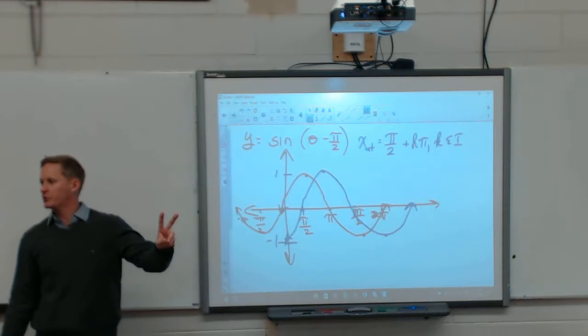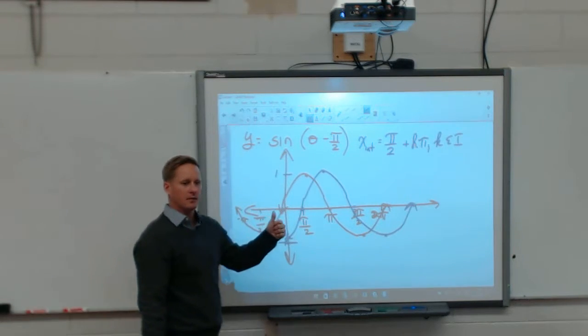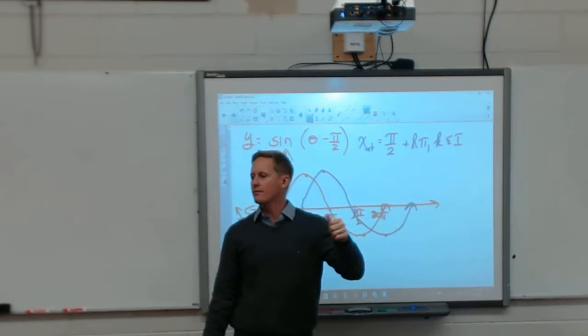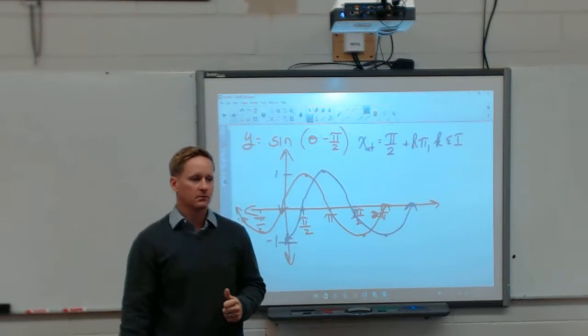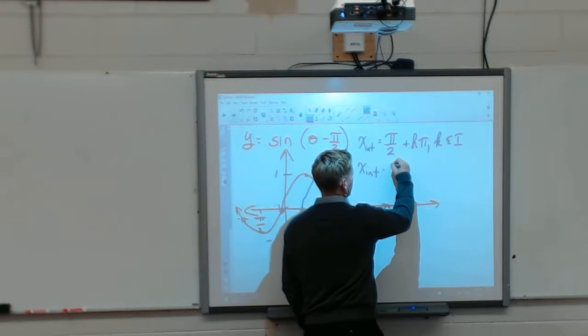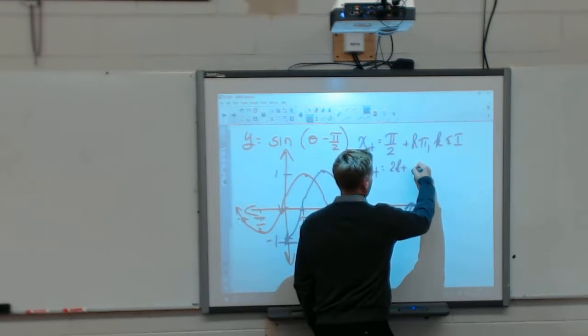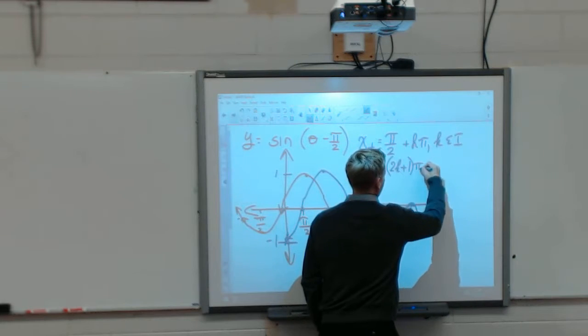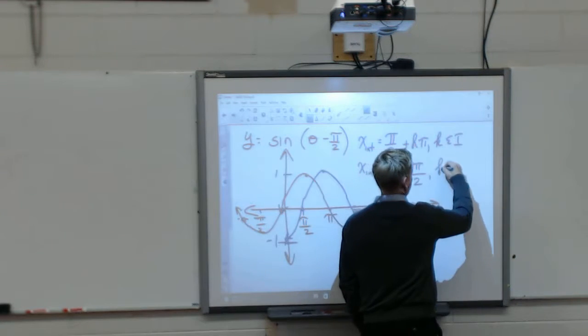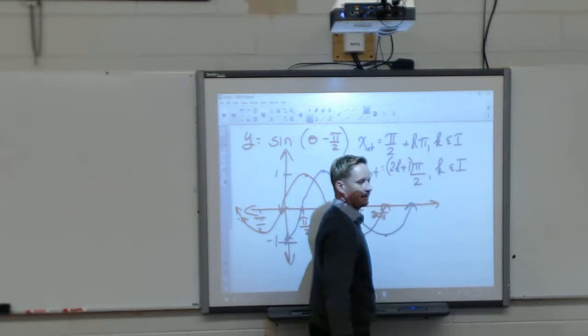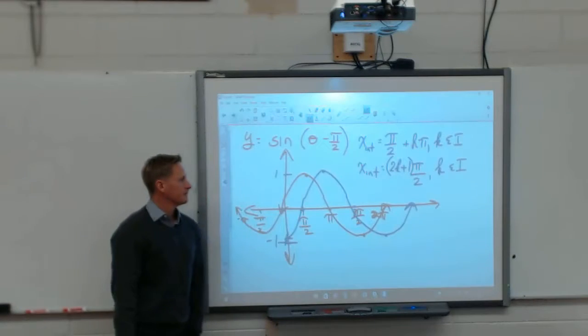That was the second method I showed you. What was the first method? How did I show every odd value of pi over 2? 2k plus 1 pi over 2 where k is an integer. Right?